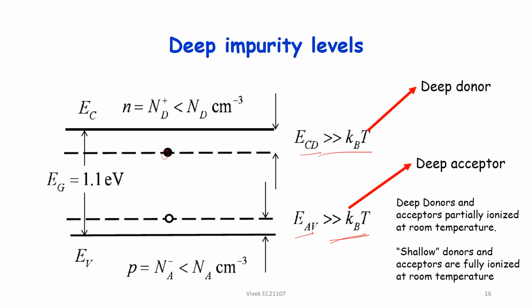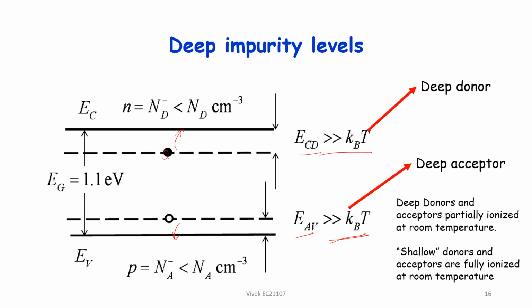Then of course it is difficult for an electron to jump across, to increase the number of electrons or number of holes, or you can say these energy levels are at a depth, deeply into the band gap, right?